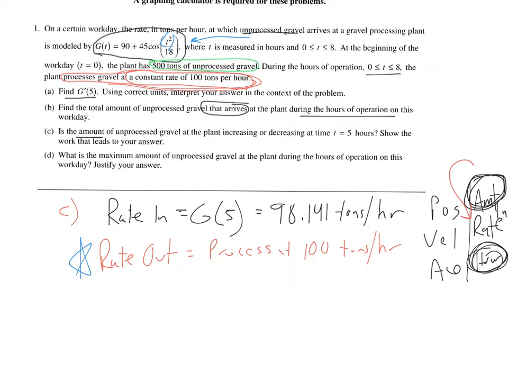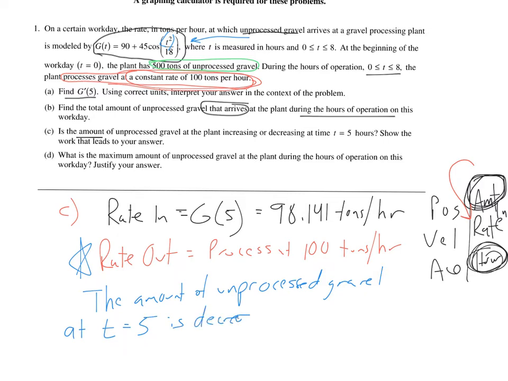So what we can say is the amount of unprocessed gravel at t equals 5 is decreasing since 100 is greater than 98.141.